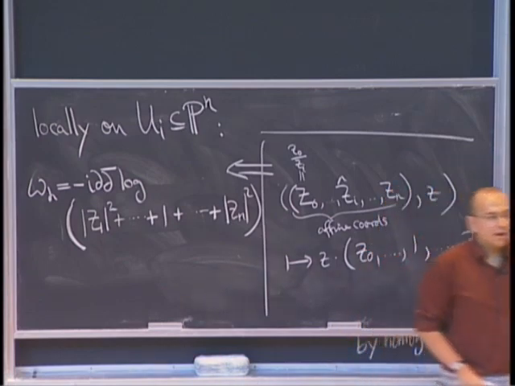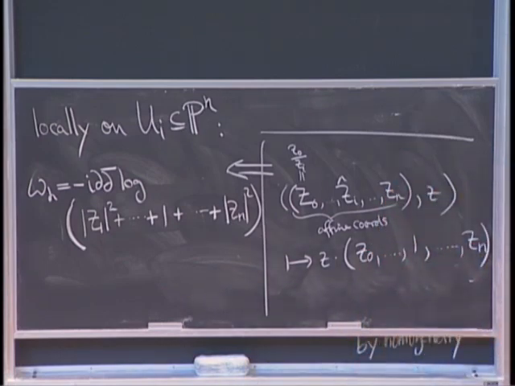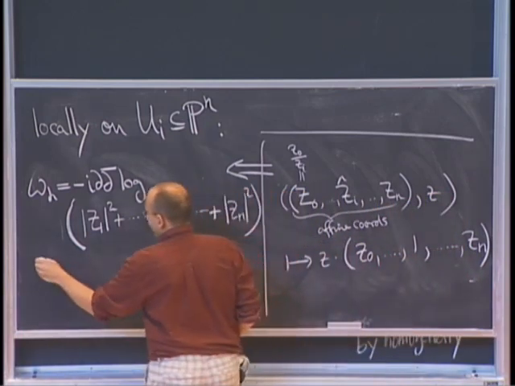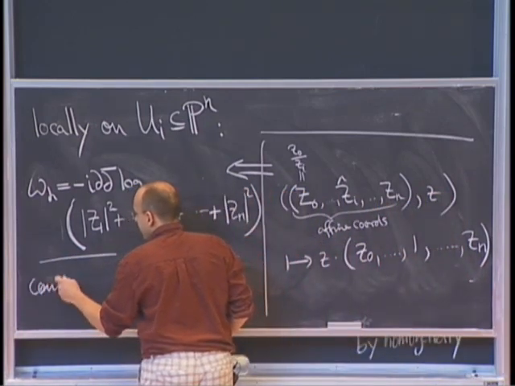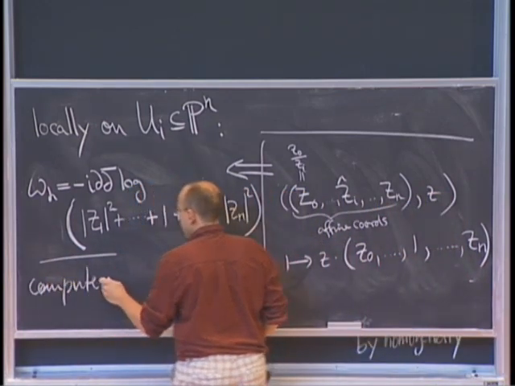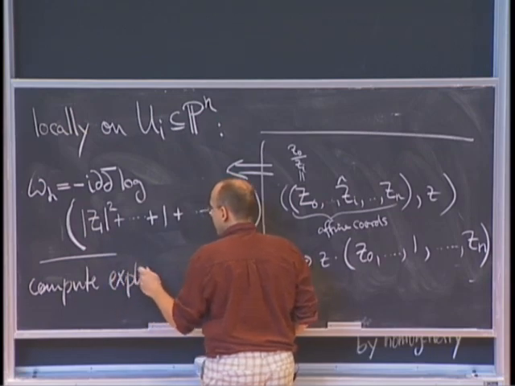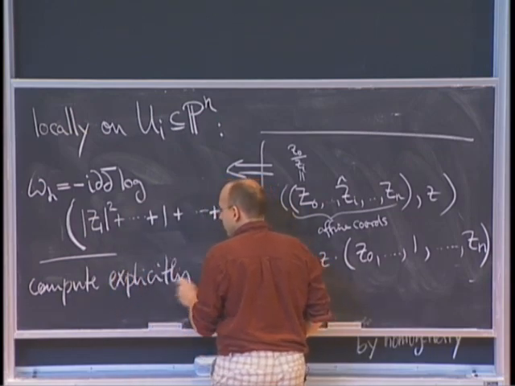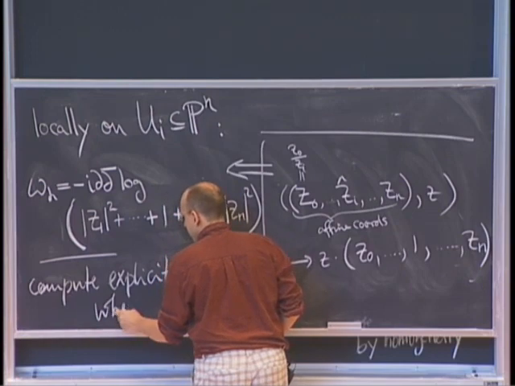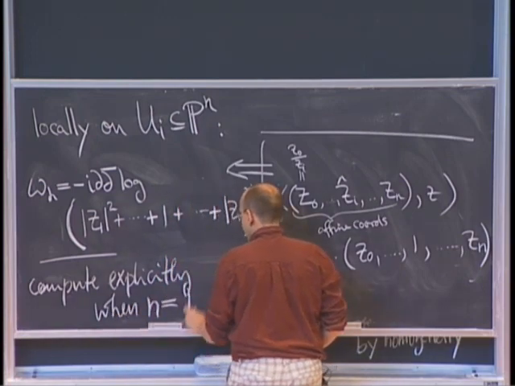So I actually want to compute this in the case of the projective line. I want to compute this form explicitly and see what it looks like, so when n is equal to 1.